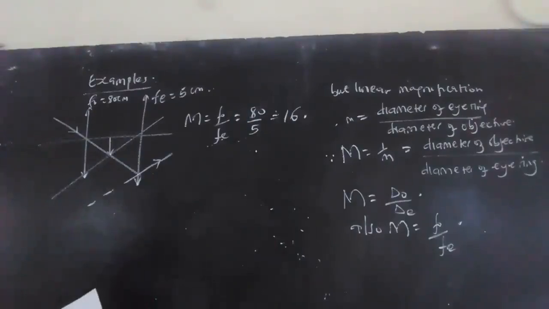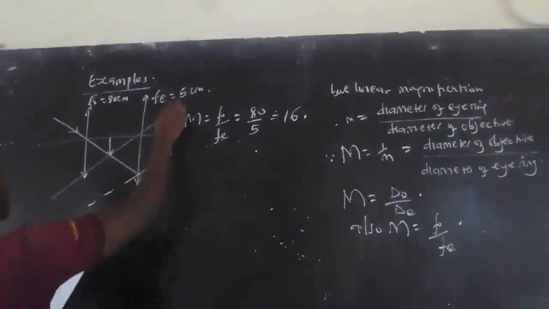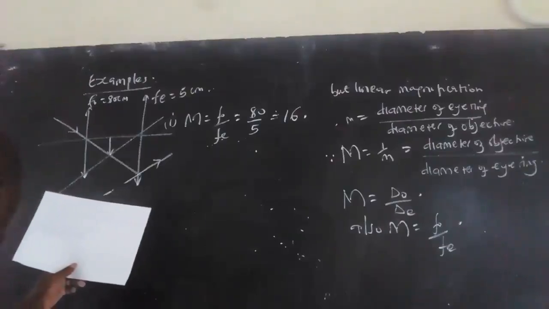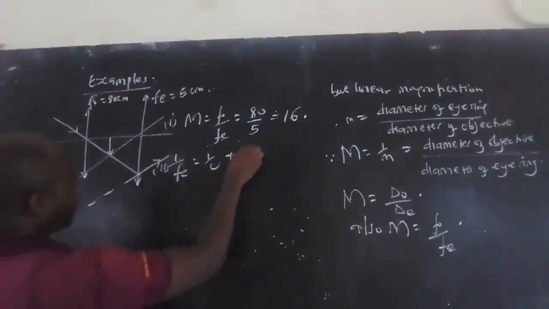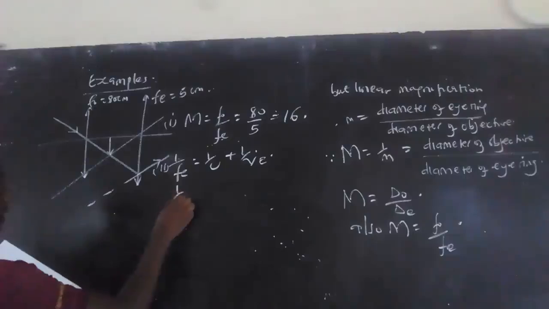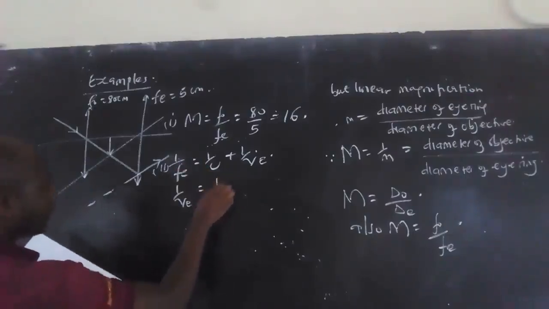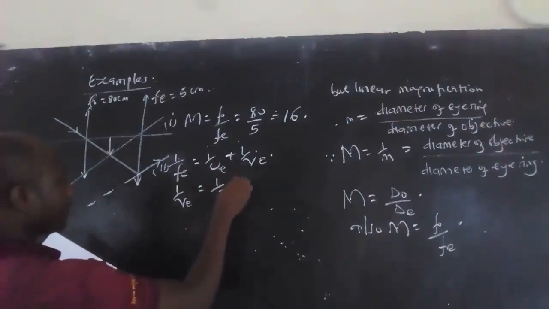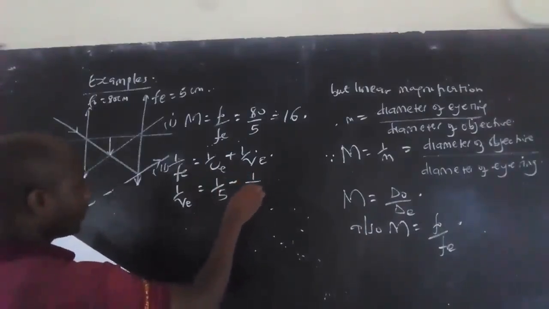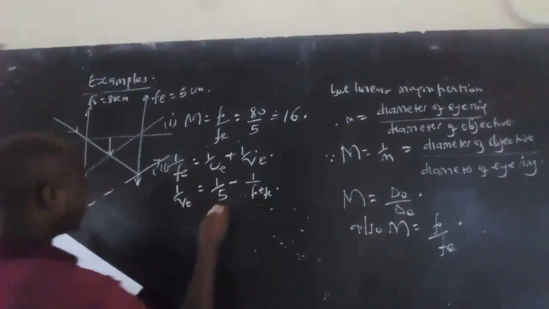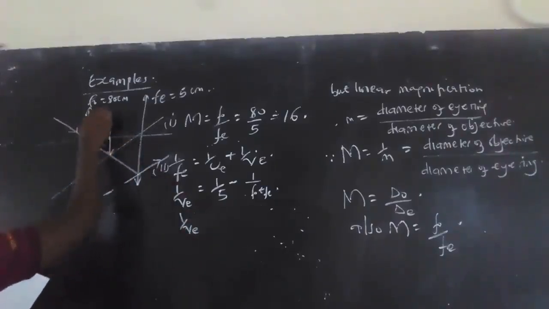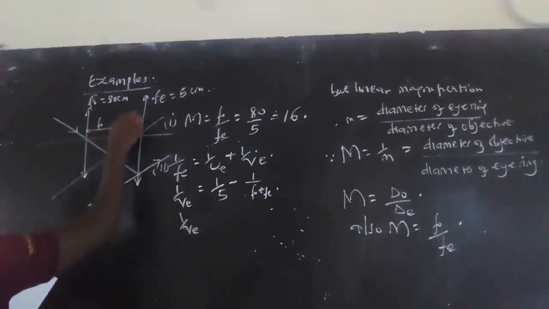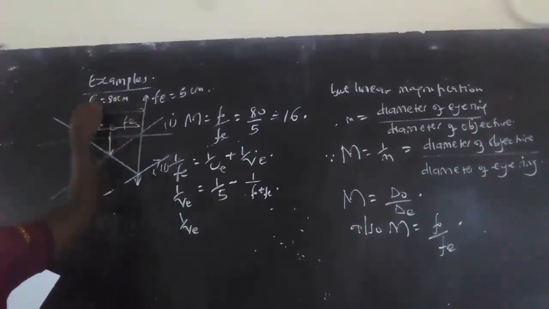That's part 1. Then part 2. Part 2 says position of the eye ring. So we shall say 1 over FE equals 1 over UE plus 1 over VE. So 1 over VE will become 1 over 5 minus 1 over UE. UE is F0 plus FE. So 1 over VE, this one here, this is F0, this is FE, the distance is 85.